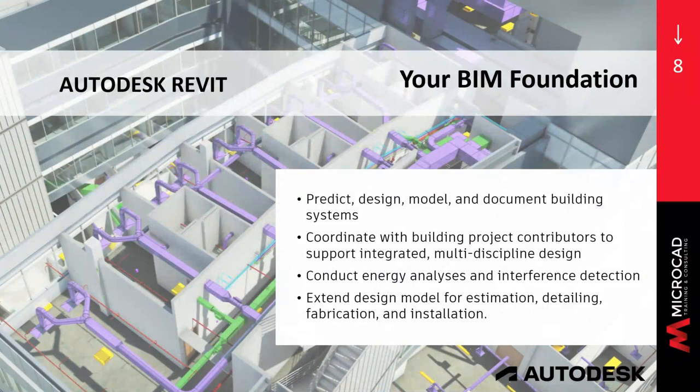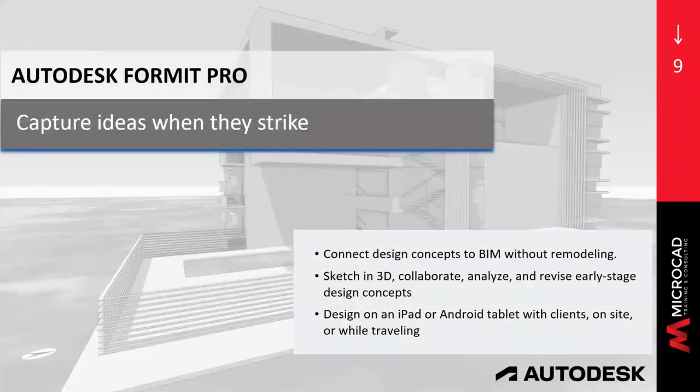So let me start with the first tool, besides Revit, that you will find in the AEC Collection for the architectural business. It's called FormIt Pro. FormIt Pro is a quick 3D sketch tool that you can use anywhere from a tablet, from your iPhone, Android, from your iPad.